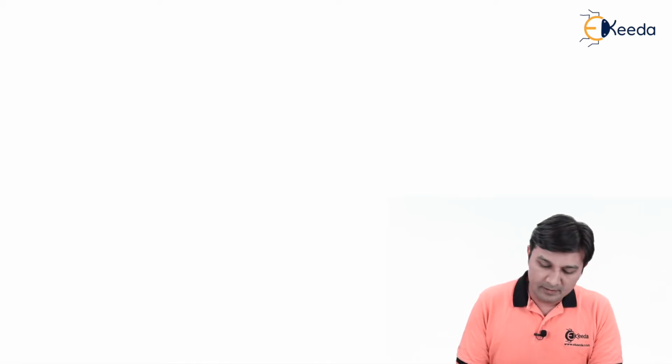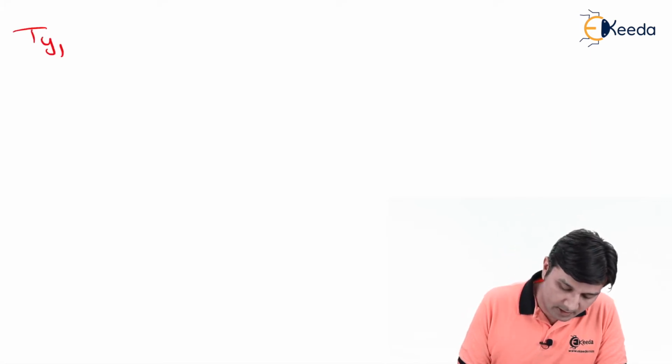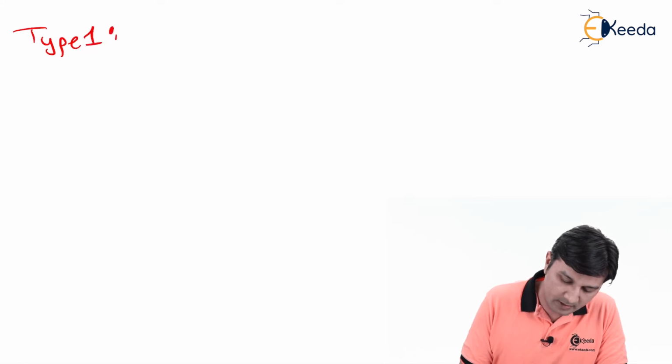Now the type 1 problem that we have says, the problem definition is, let me write it. Now you have to more of observe the screen and listen to me. So the question over here says, type 1 problem number 1.